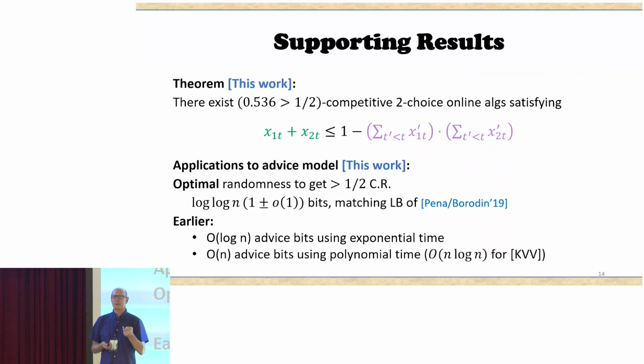And using epsilon-bias distributions, we can generate almost constant-wise independent random variables using only log n bits. So the lower bound of Penna and Borodin is matched by an upper bound of a randomized algorithm.